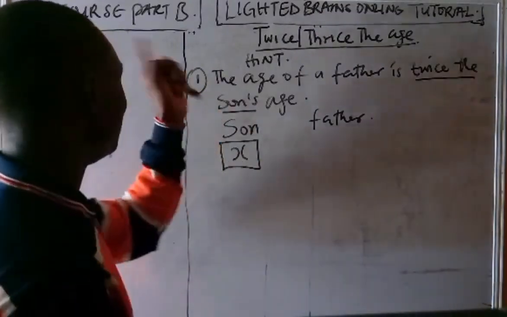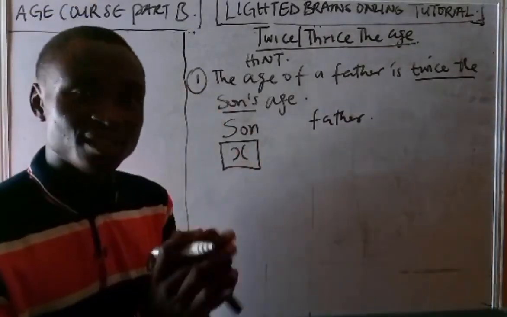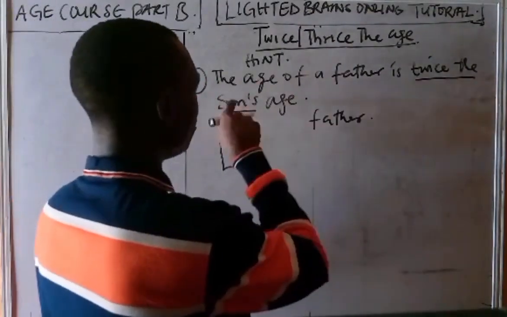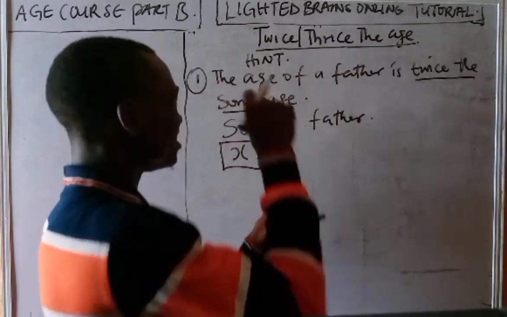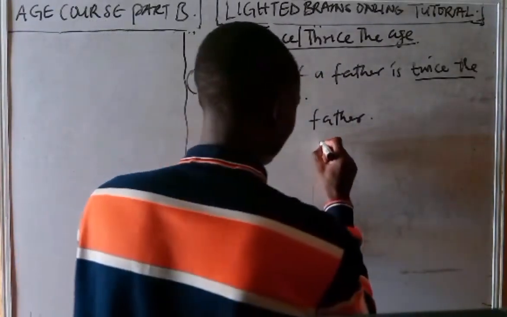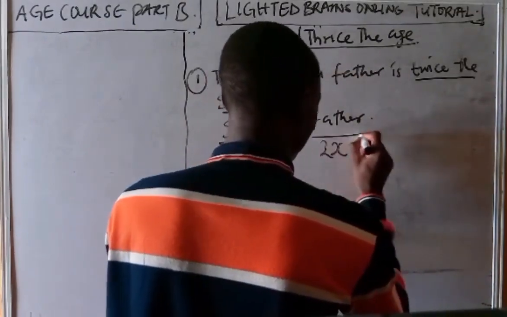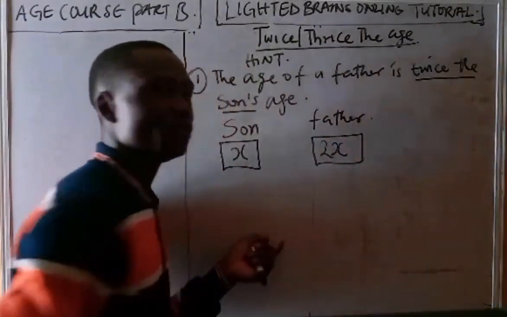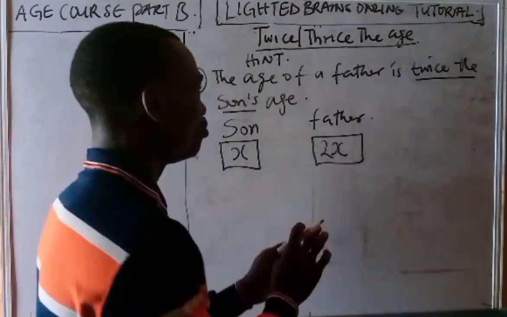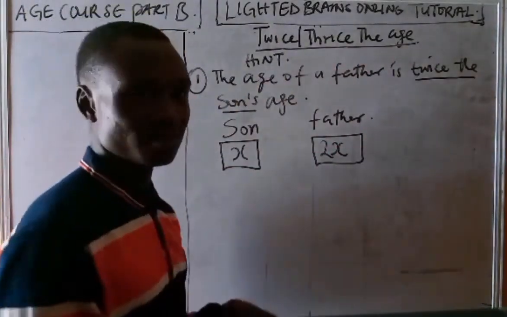I've taught it in part A. This is just part B. So please, if you have not watched part A, go and watch it. So now, according to what they give, they said the father is twice the son's age. That means the father is 2 times the son's age. This is the present age of the father. Do you understand now? I believe you get it. So this is what this statement means.